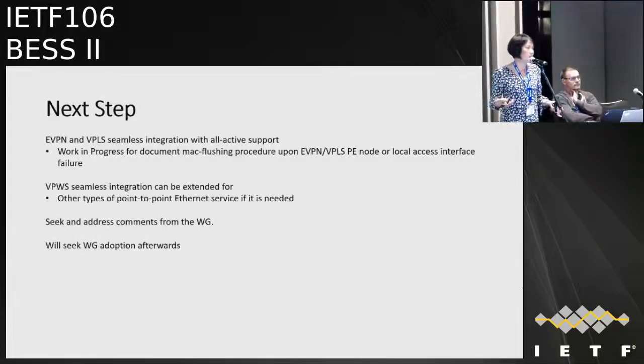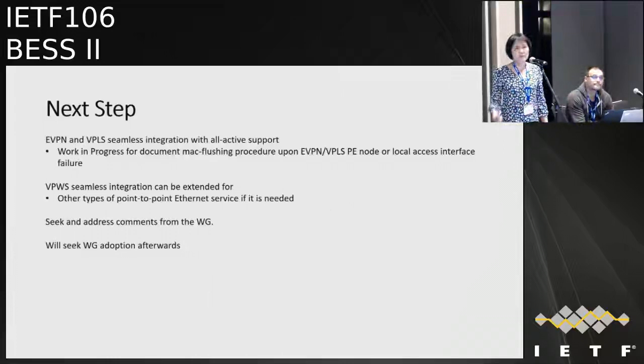So these three principles can be applied to most of the traditional point-to-point pseudo-wire to EVPN and VPWS seamless integration. I'd like to seek comments. Right now the first draft version only covers the layer 2 based VPWS to EVPN and VPWS seamless integration, but the principle is the same for point-to-point.